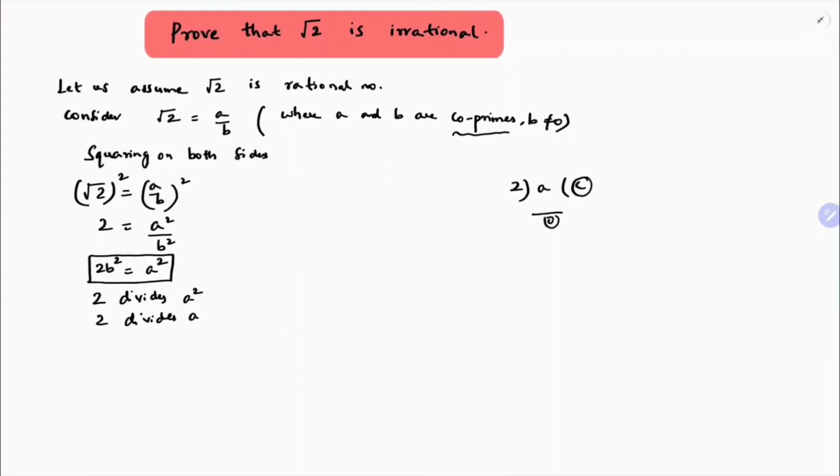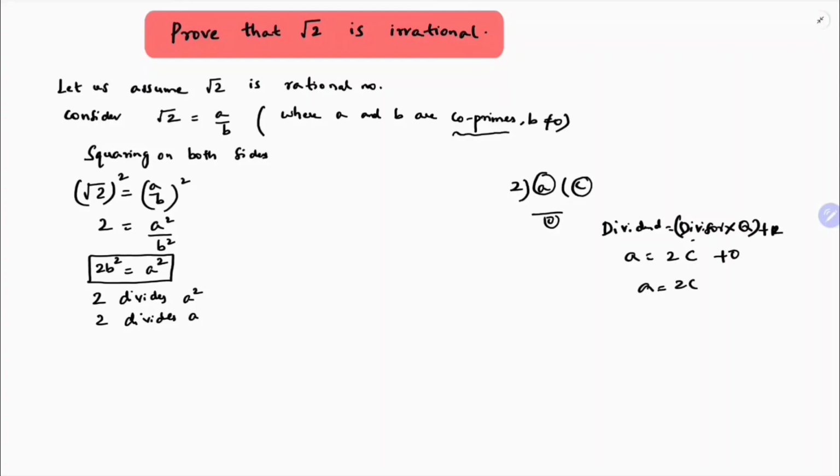Now if I apply the division rule, dividend equals divisor into quotient plus remainder. The dividend is a, the divisor is 2, the quotient is c, and the remainder is 0.